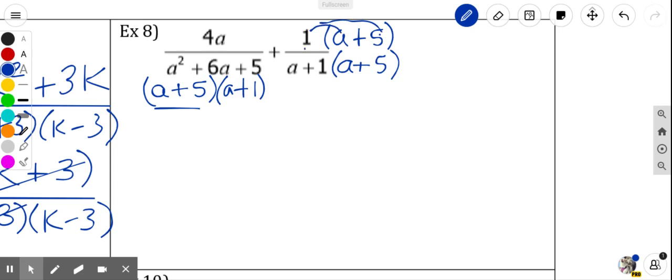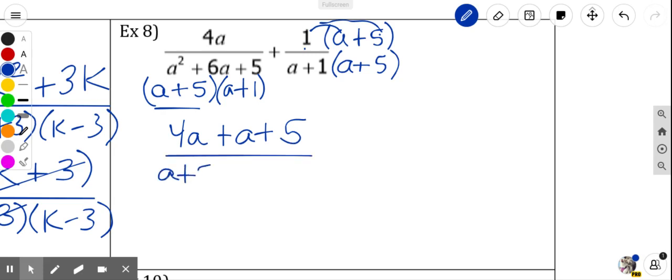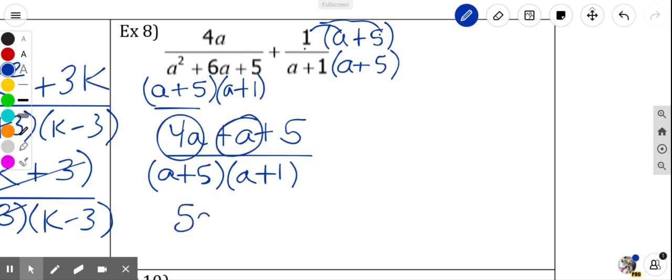So the numerator here is 4a and then plus the a plus 5. The bottom is just your a plus 5 and your a plus 1. Okay, so now on the top, we have to combine these like terms. So that's going to become 5a plus 5 over a plus 5, a plus 1.